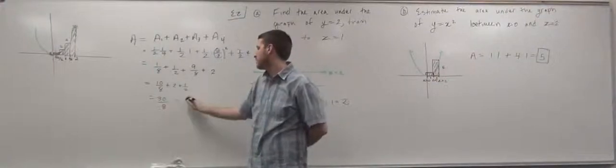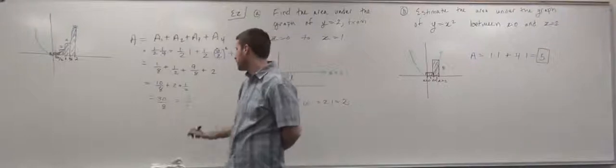Yeah, so we can reduce that to 15/4. Should be 3.75, that's it.